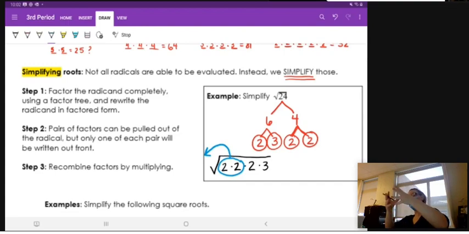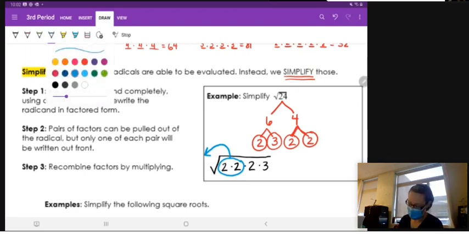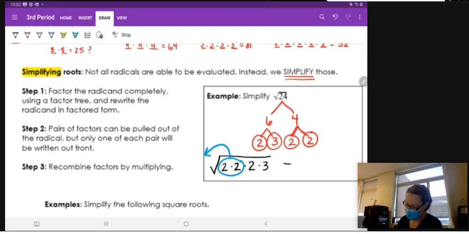So you've got a pair on the inside, which has 2 factors in it. But when you pull it out, you're bringing the pair as a single unit. So out in front of the radical, we're going to write just a single 2. And then inside the radical, left over, we still have a 2 times 3.